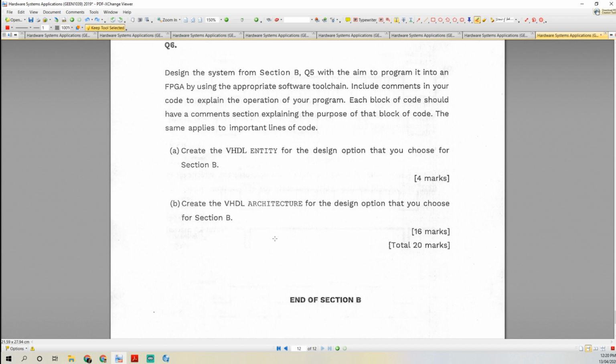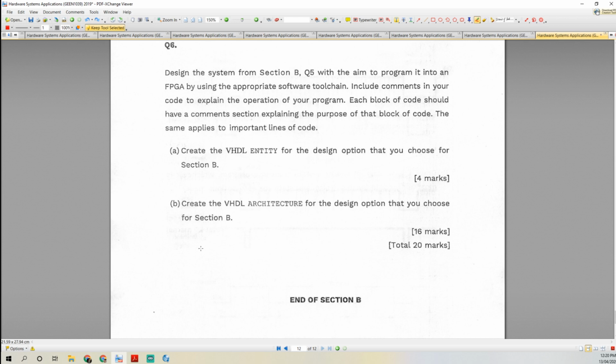Include comments in your code to explain the operation of your program. Each block of code should have a comments section explaining the purpose of that block of code. This is very important. We're going to see how we will be writing those comments in the code. The same applies to important lines of code.